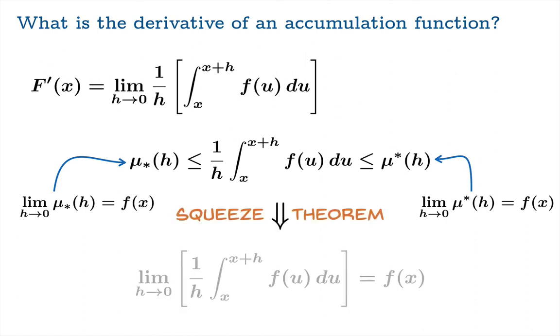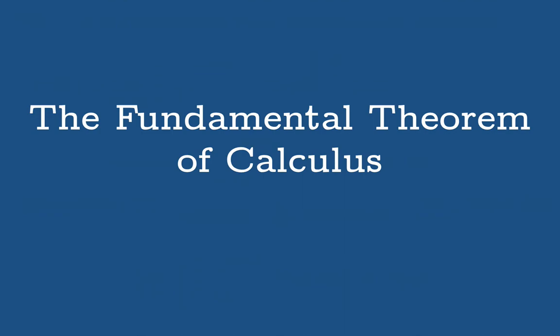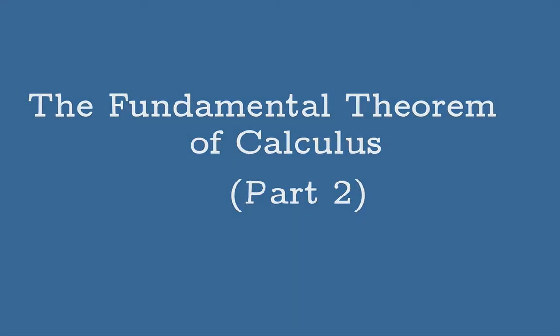So the squeeze theorem kicks in. And the limiting value of the expression we care about must also be f of x. And there's our proof. The derivative of the accumulation function at the argument x is equal to the integrand function evaluated at x. So this is the fundamental theorem of calculus, part 2.